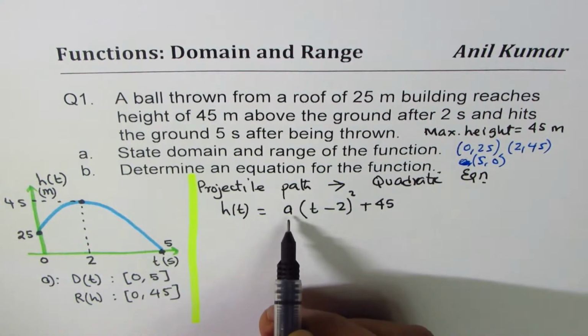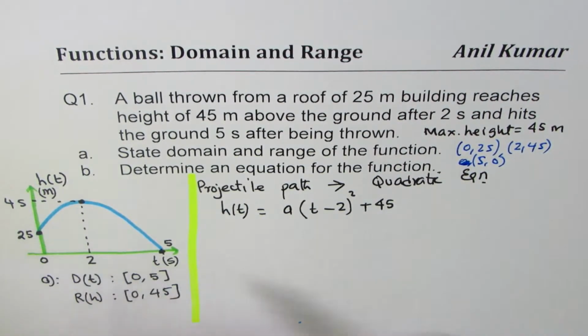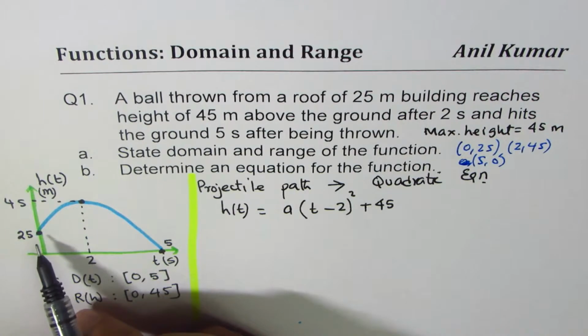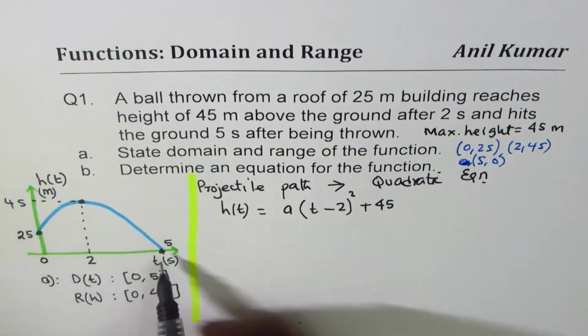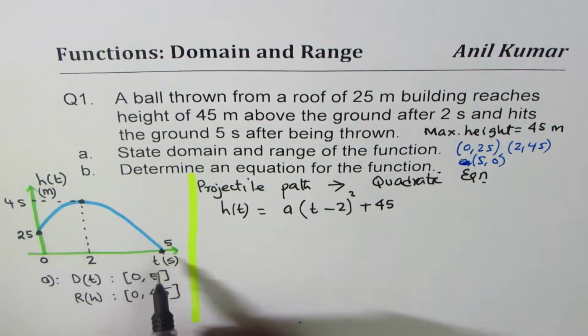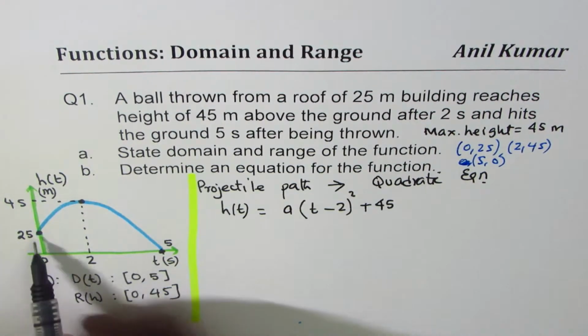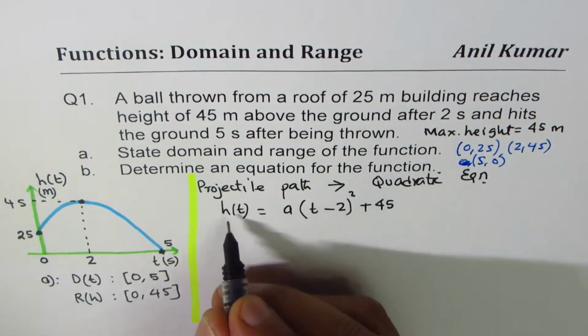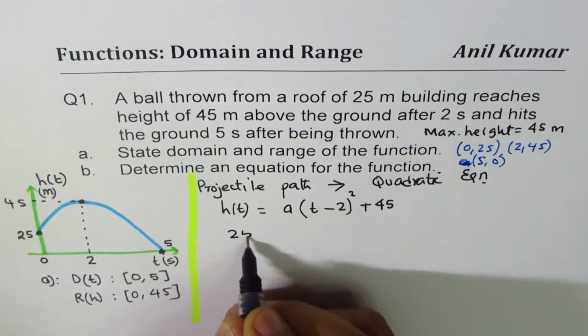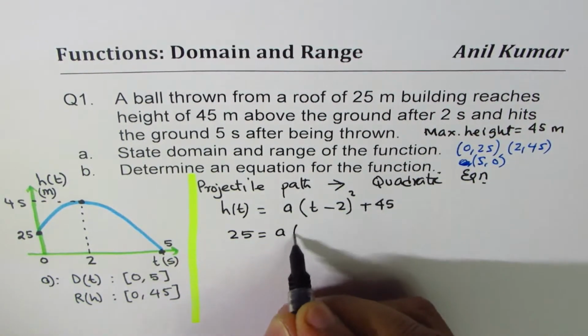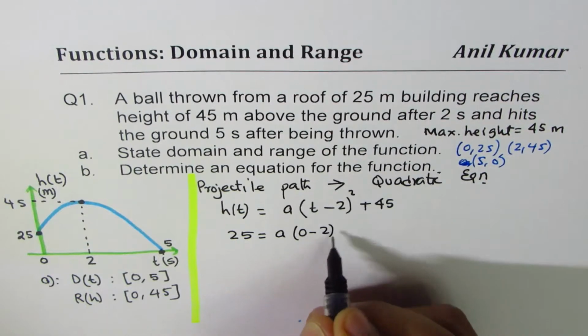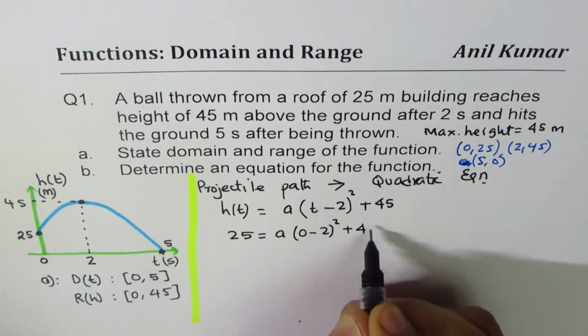To find a, we could use one of these points, correct? So either 0, 25, or you could use 5, 0, as you wish. You could use any one of them. So let me use 0, 25, okay? So the height is 25 to begin with, a times (0 minus 2) whole squared plus 45.